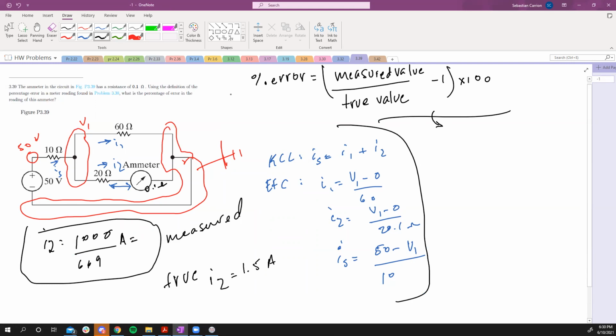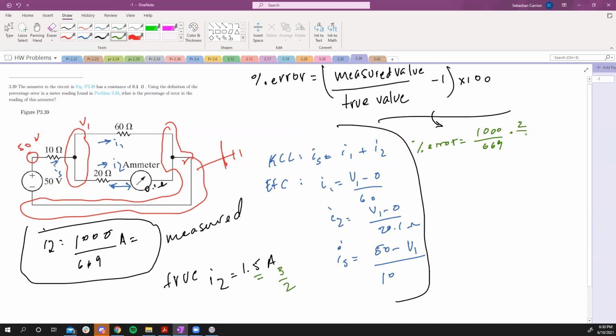So we use this. I'm gonna do it in blue or green. Measured value, which is our percent error, would be 1,000 over 669 times, this is 3 over 2, right?